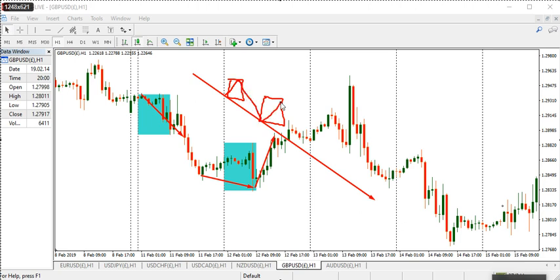So if there's a strong trend to the downside, we know that if we get closes below both boxes and no closes above the boxes, there's so much market pressure to go in the direction that price is taking us.